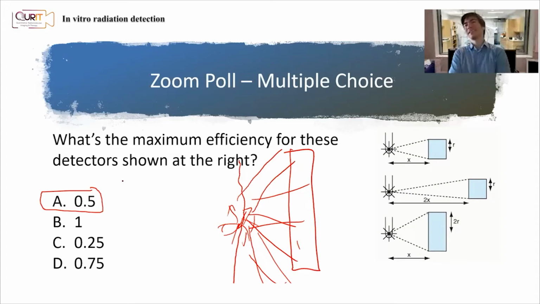Say you know very well the activity of that point source. Because you know the activity, you know how many emissions are coming out of that source per unit time, so you know the total number of emitted events from the source.